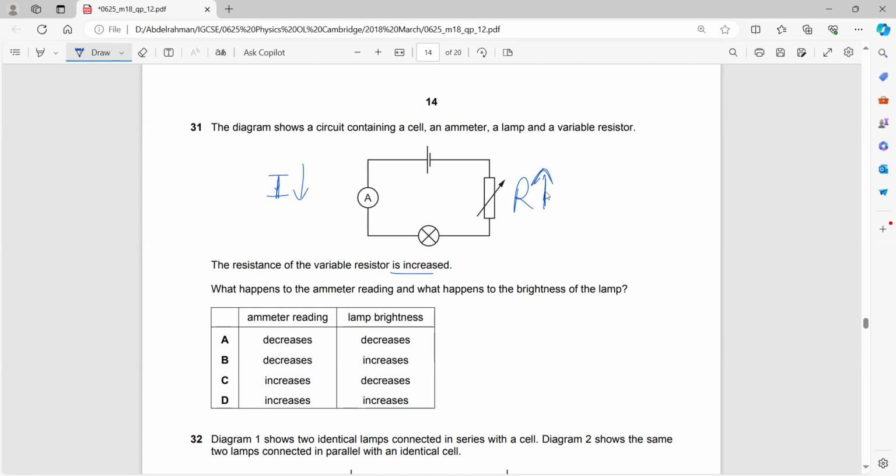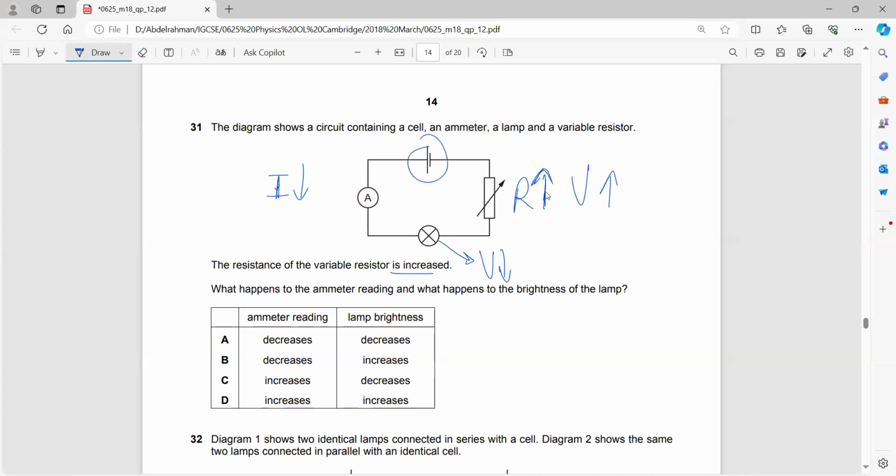This is quite simple, quite obvious. What happens to the lamp brightness? When the resistance of the variable resistor increases, the voltage or potential difference across it increases. So what happens to the voltage of the lamp? It has to decrease.